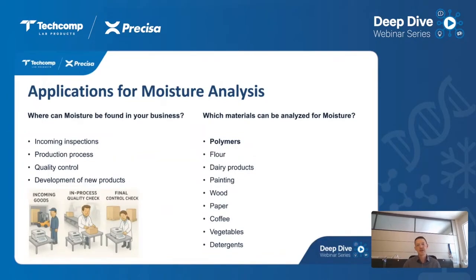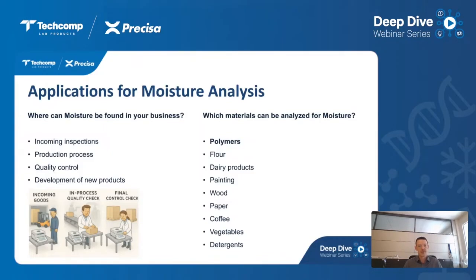Where can we find a moisture analyzer? First of all, in the incoming inspection department, where the raw material arrives at the company, gets inspected and tested whether the quality is good enough for further processing.